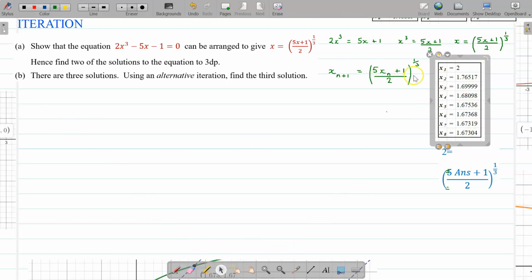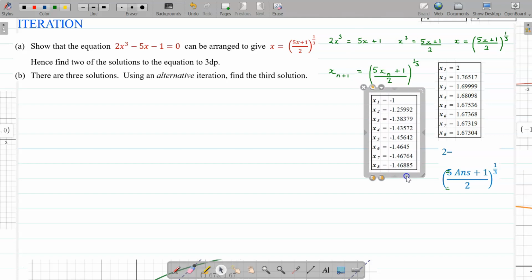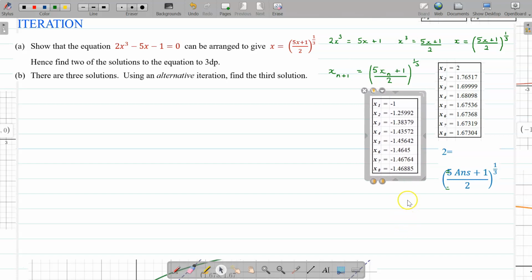Now, if you took the same function, the same iteration, but started with a different value of x1, in fact -1, the same process leads to a different solution here.